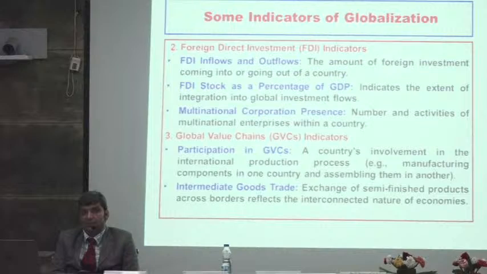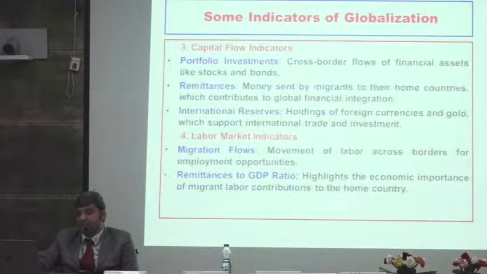Its final production stage takes one stage in one country, another stage in another country, and third stage in third country, and for final stage it may come back to the origin country. That is the global value chain indicators. Intermediate goods trade, exchange of semi-finished products across countries reflects the interconnected nature of the economies. These are some quantitative measures for measuring the globalization.